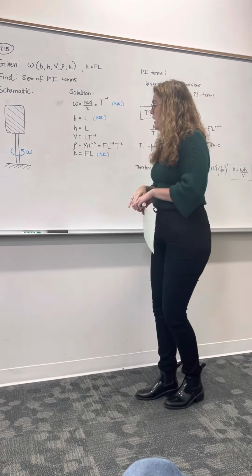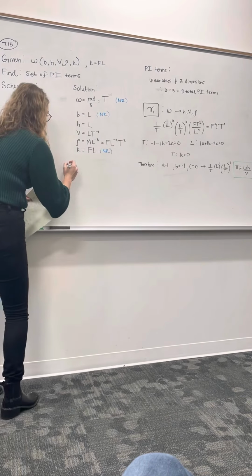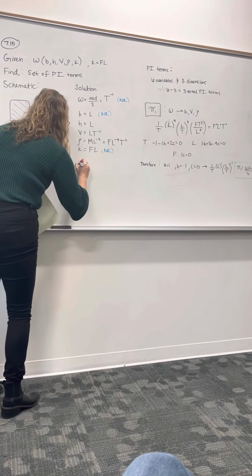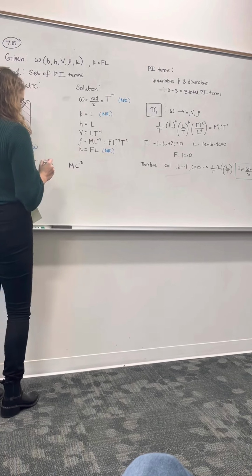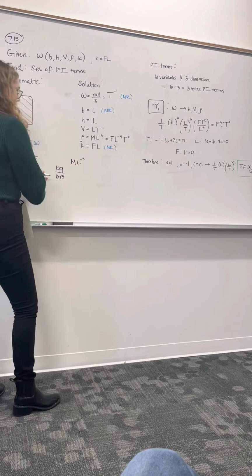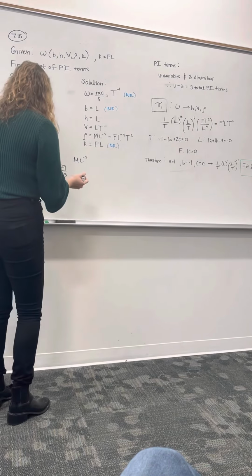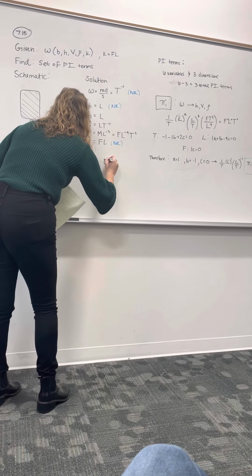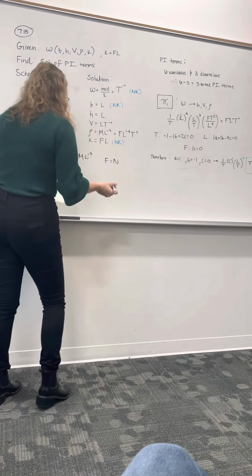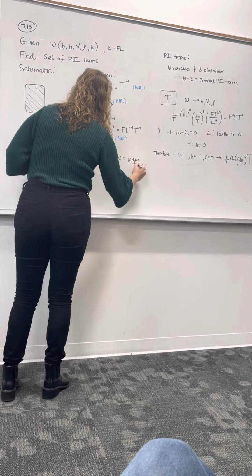So instead of taking our density in terms of mass times length to the -3, which would be kilograms over meters cubed, we need to convert that into something with force, since we need to get rid of our mass term here. So we know that our force is typically in units of newtons, which is a kilogram meter per second squared.